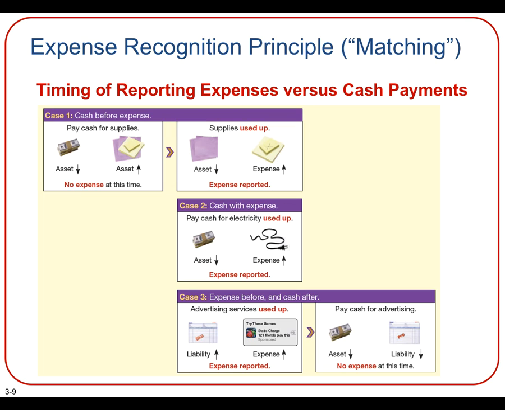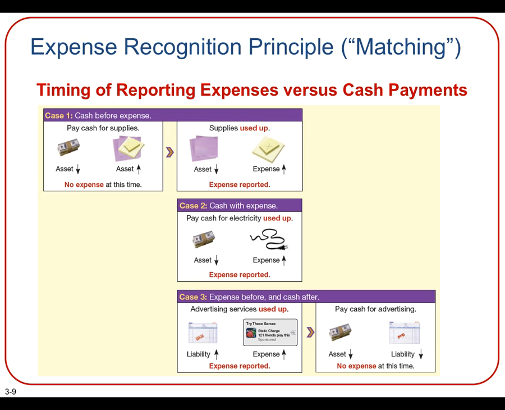It's called advertising service expense. But you have not paid out your cash, and you owe your vendor, your supplier. So you have a liability, you have accounts payable. Your accounts payable, part of your liability, increased because you owe your vendors, your suppliers. And 30 days later, you pay your vendor in cash.